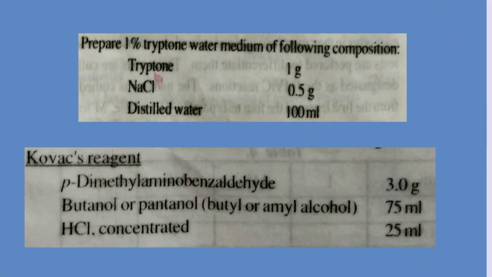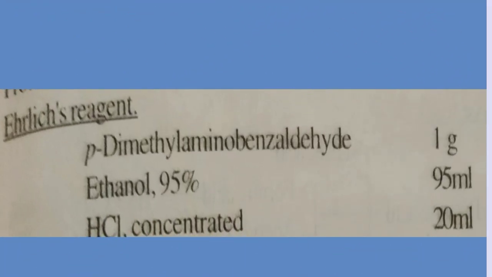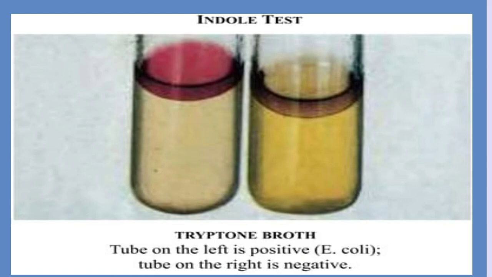This is the composition of 1% tryptophan water, composition for a Kovac's reagent or substitute for Kovac's reagent is Ehrlich reagent. After incubation, on addition of the Kovac's reagent, on the left of this tube, there is a formation of a cherry red colored ring.